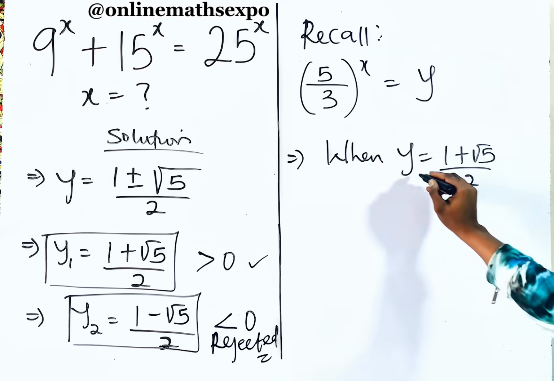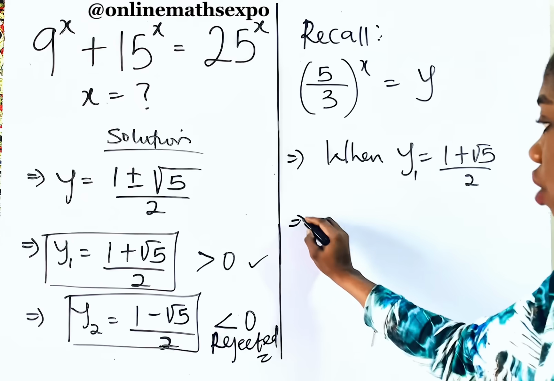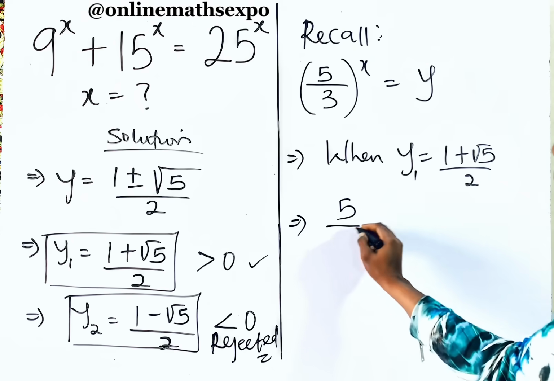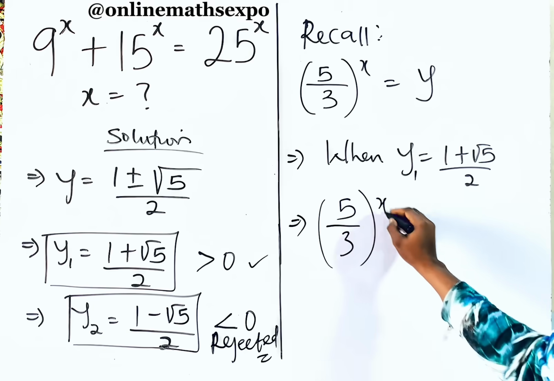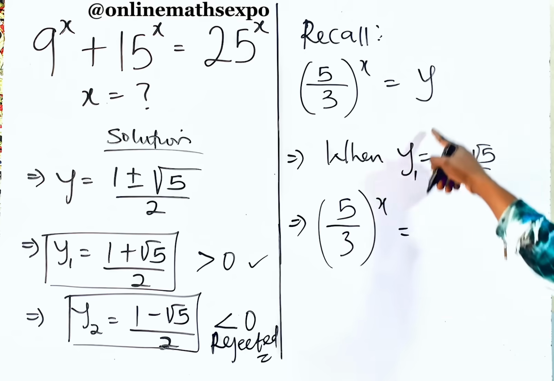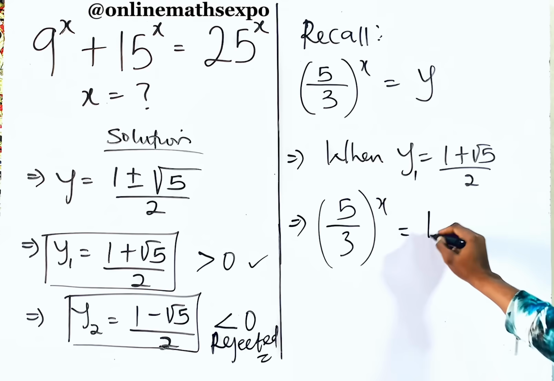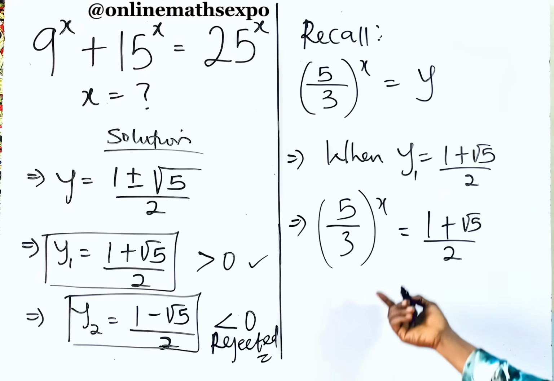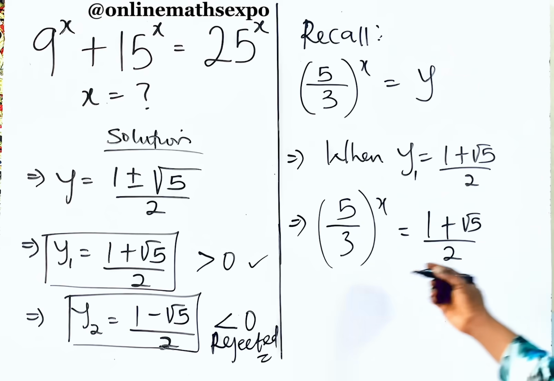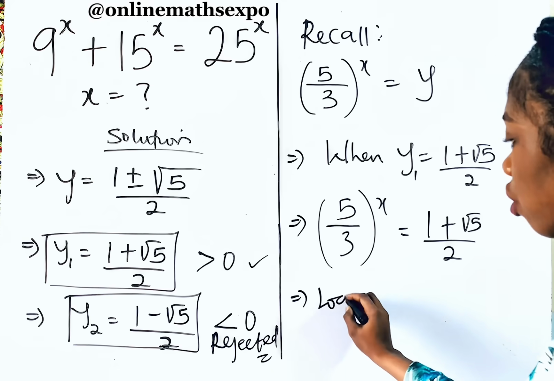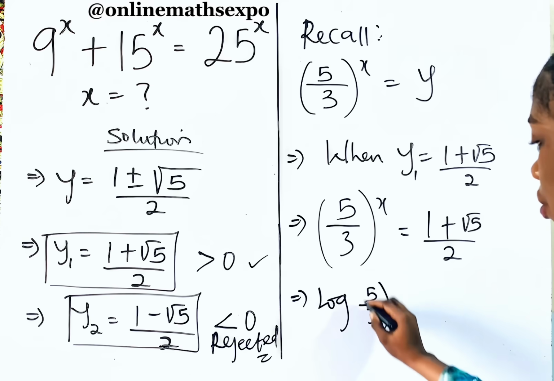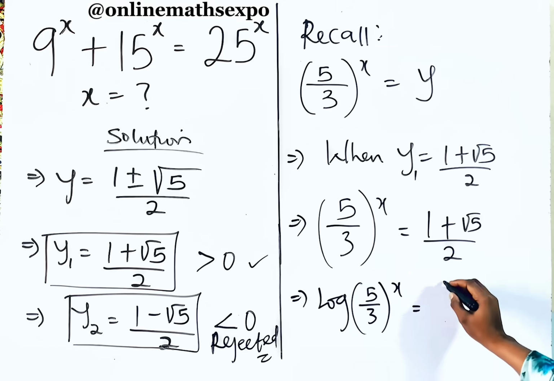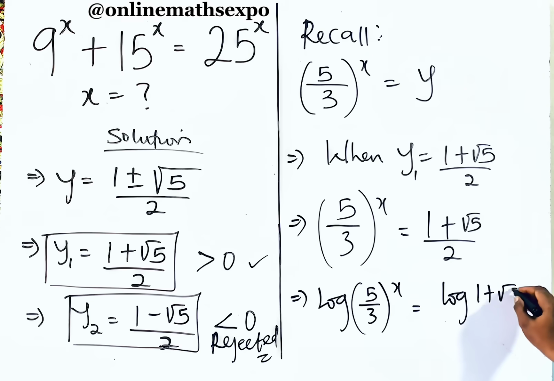So working with the first value of y, we are going to now have 5 on 3 to the power of x is equal to 1 plus root 5 divided by 2, okay? Now what do we do next? To get this x, we just need to take log of both sides. So we're going to have log of 5 on 3 to the power of x is equal to log of 1 plus root 5 divided by 2, okay?